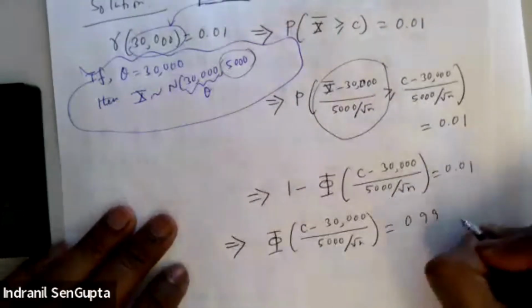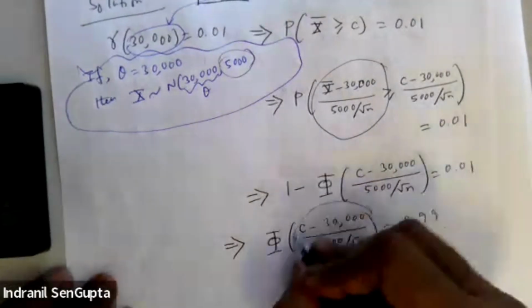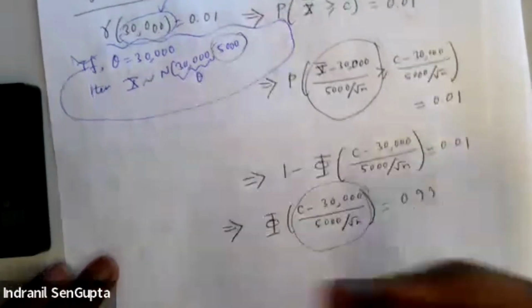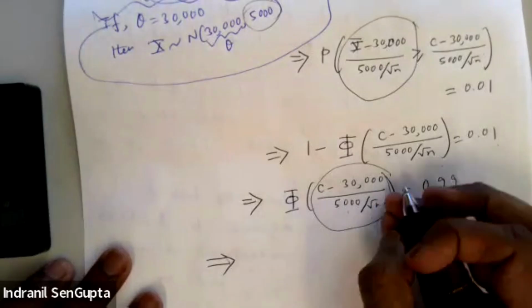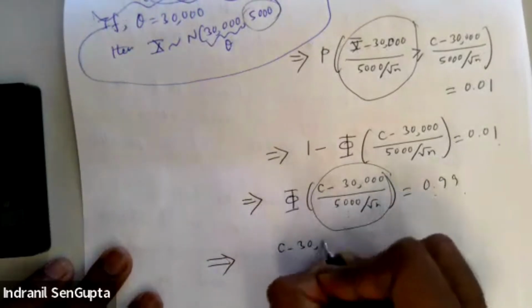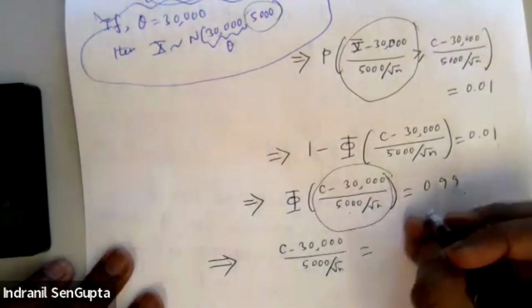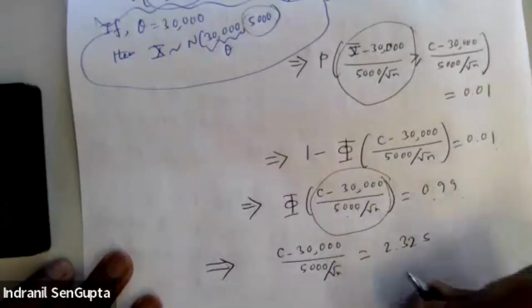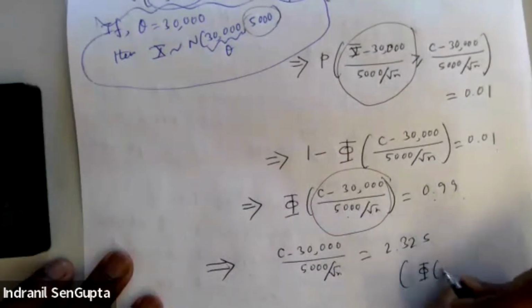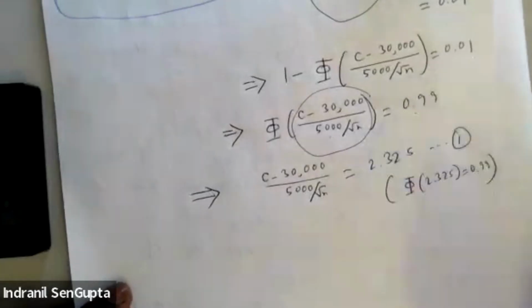That's one equation. Now, from the z table, find the value so that this is satisfied, and in this case you get c minus 30,000 over 5,000 over square root of n has to be 2.325. What I'm trying to say is phi of 2.325 is 0.99. Let's find it from the table. That is my equation number 1.